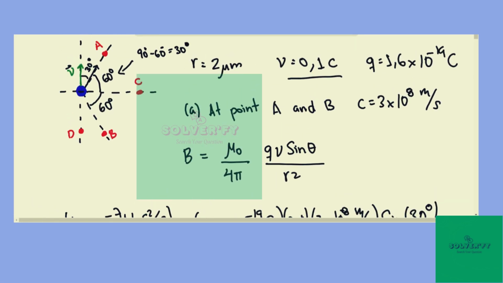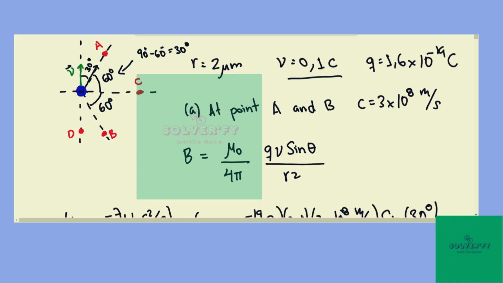So for the right-hand rule, you put your right hand in the direction of the velocity vector, and you go from there to the r vector, and you will see that your thumb is pointing inward.